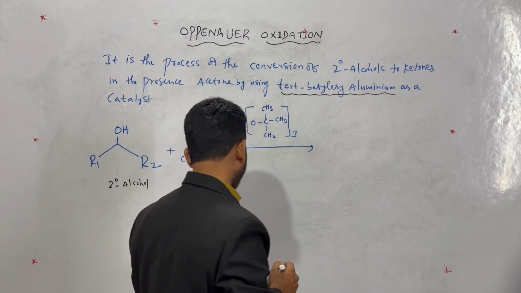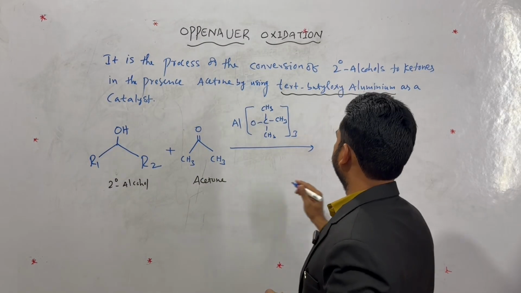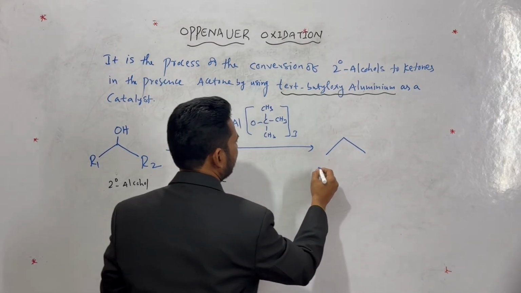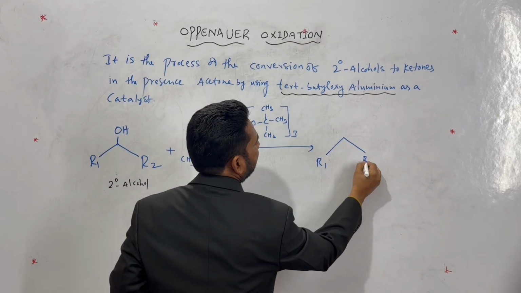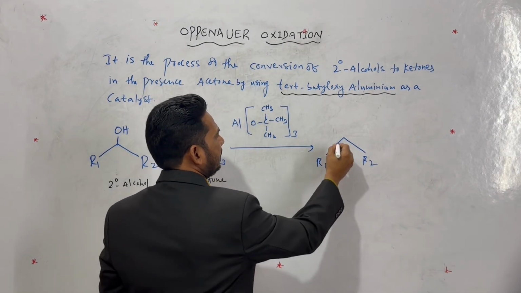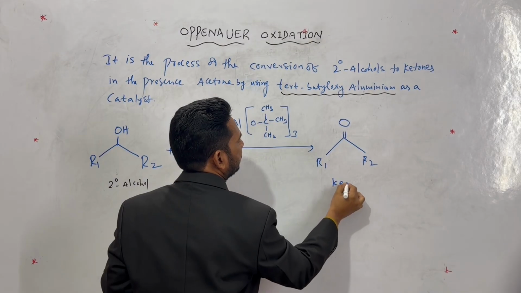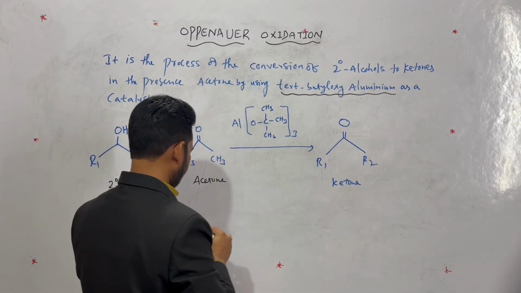Then what will it produce? Just see, the alcohol you are observing, R1, R2, is converted to the ketone. Just see the difference.